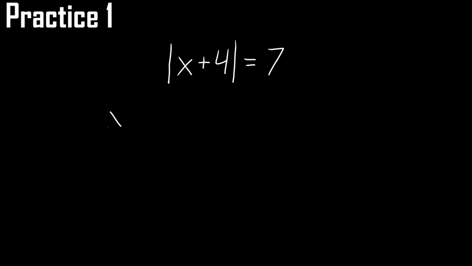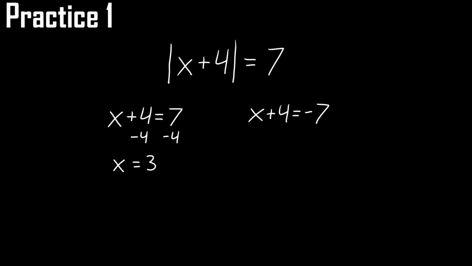So we'll have x plus 4 equals 7 and x plus 4 equals negative 7. We'll solve for x. So we'll get x equals 3. And over here, we will get x equals negative 11. So the answer would be x equals negative 11 and 3.